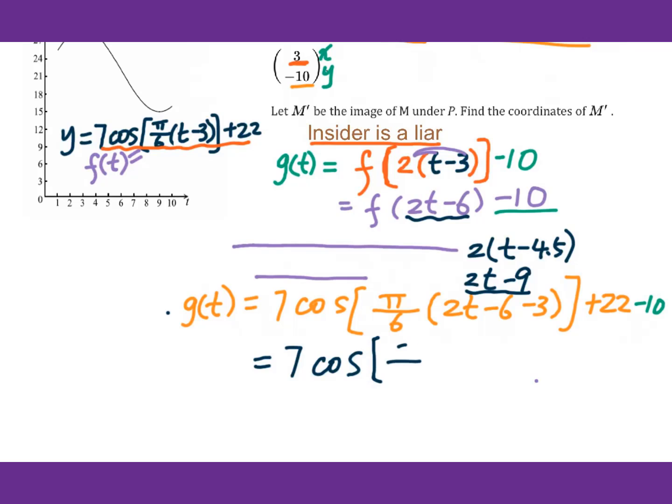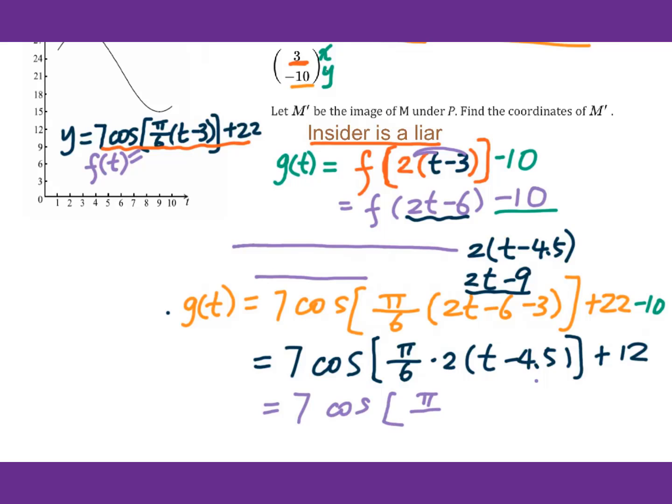Therefore, pi over 6 times 2, t minus 4.5, then plus 12. Keep organizing, you will get 7 cosine pi over 3, t minus 4.5, plus 12. This will be the function g of t.